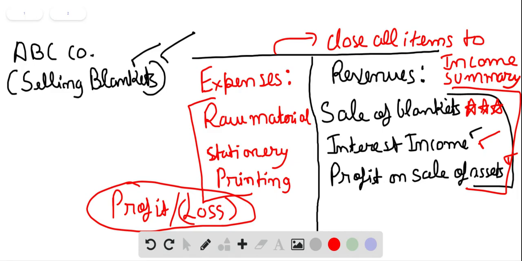However, you can understand that all the items in the general statement will be transferred to income summary by passing closing entries.